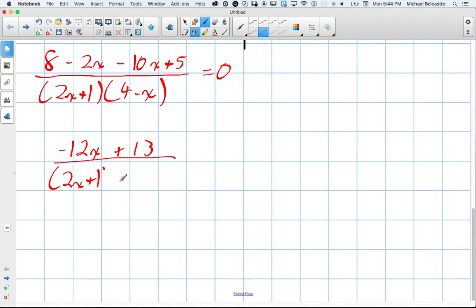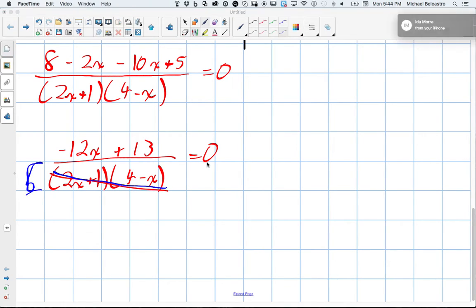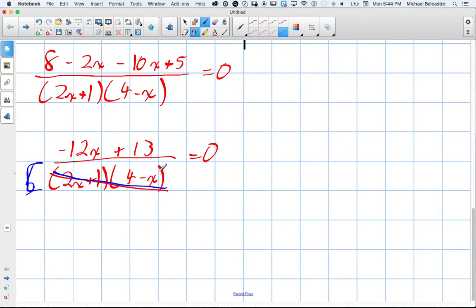Now, because it's set equal to 0, what's really nice about being set equal to 0 in your fractions is you can eliminate the entire denominator. You can just drop it all off. And the reason being is because think of it like I'm going to bring it over and multiply by 0. But anything multiplied by 0 just eliminates it, so it's gone.